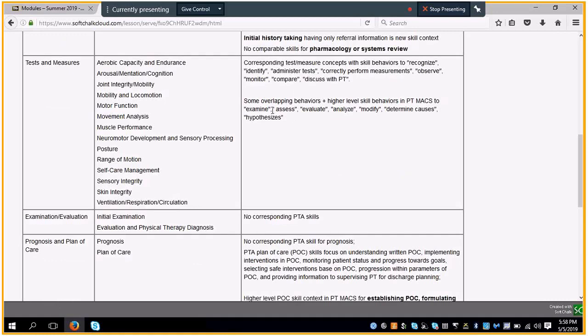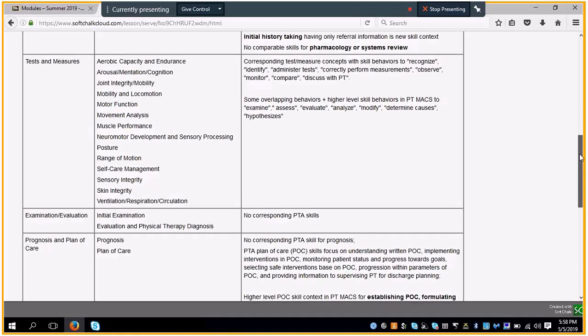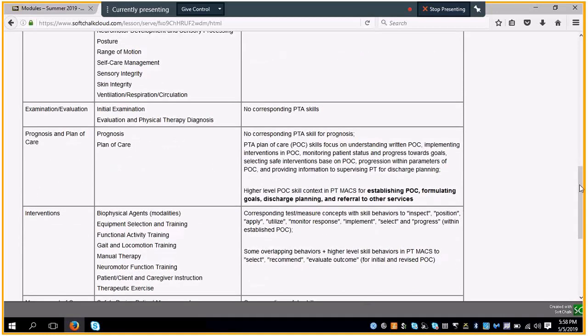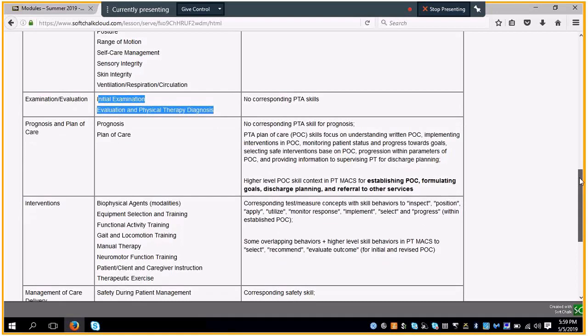And so for these skill areas in the PT Max, you're going to see more of assess, evaluate, analyze, and determine. So more decision making. And of course, the examination and evaluation does not have a corresponding section in the PTA Max. So this is definitely a new skill area that you're going to develop across many courses in this program.